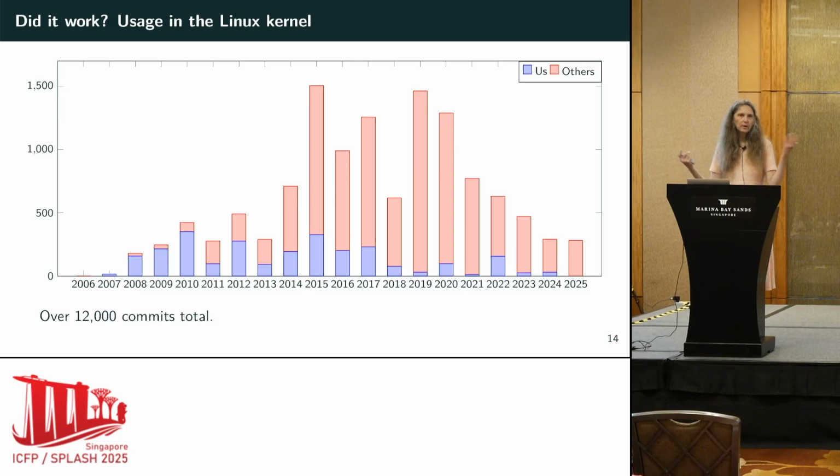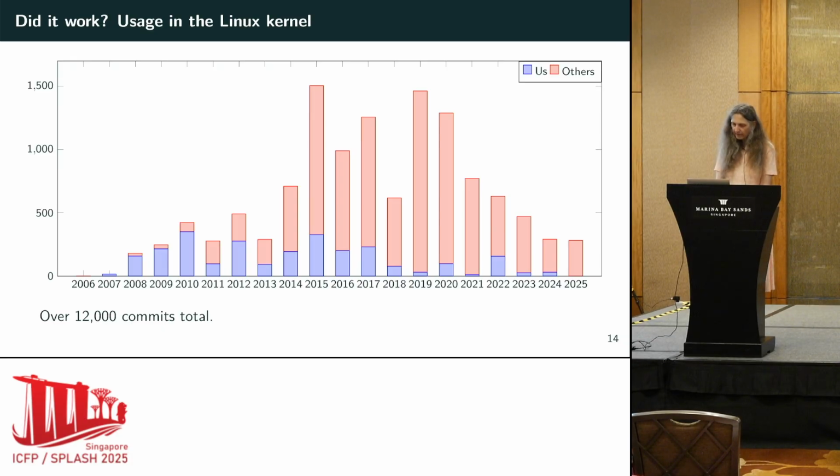Okay, so it's been going on, been released for almost 20 years now. We want to see, how has it been used by Linux developers? Have we succeeded in making something that people have as part of their normal toolbox? So the numbers have gone up and down. It seems like it was more popular, more widely used in the middle of the 2015 and so on.